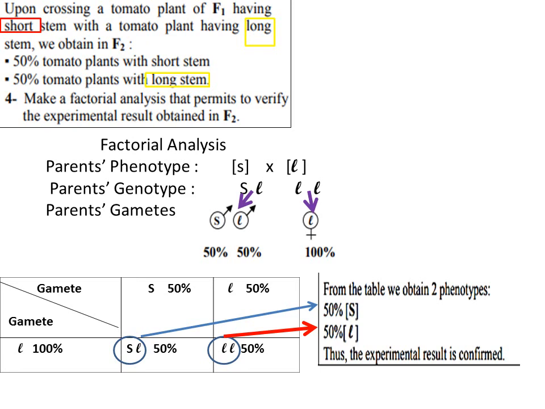I've written the phenotype, the genotype, and the gametes. Now I put them in a table. So one parent is hybrid, two gametes 50-50. The other parent is pure, one gamete 100%.